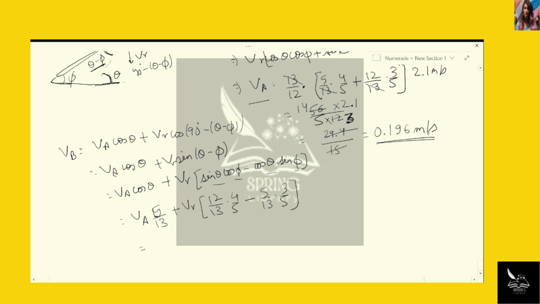So this gives us, so VA is 0.196 times 5 over 13 meter per second, plus VR was 2.1 meters per second times, so 13 fives are 65, and then this is 12 fours are 48 minus 15. So this is 33, and then the denominator is 65.